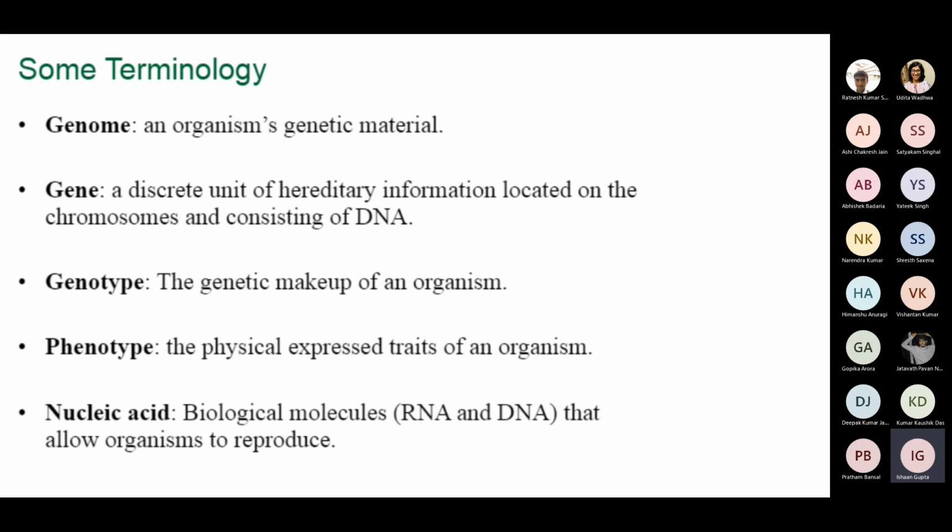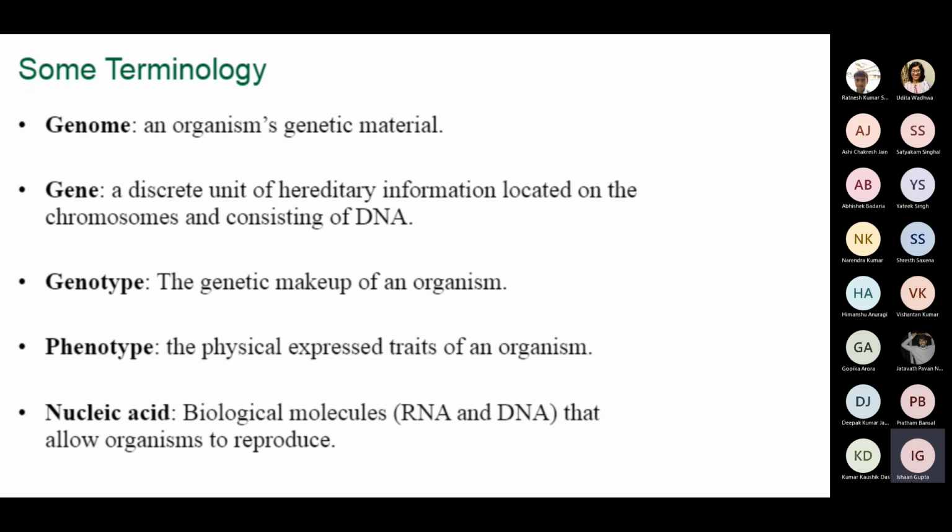Genotype is the genetic makeup of the organism. Basically, if you were to compare two organisms, a genotype would be the unique set of DNA molecules or DNA letters which identify that organism. Phenotype is the physical expression of traits of an organism. For example, I'm going with the example that we started with earlier, Dave's example.